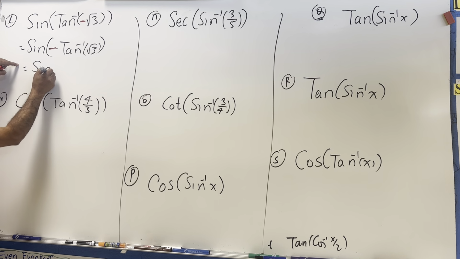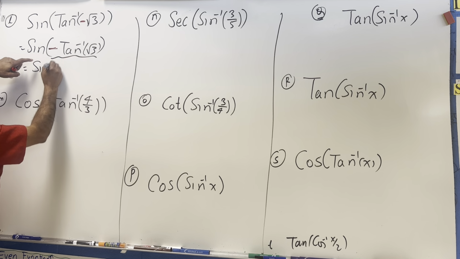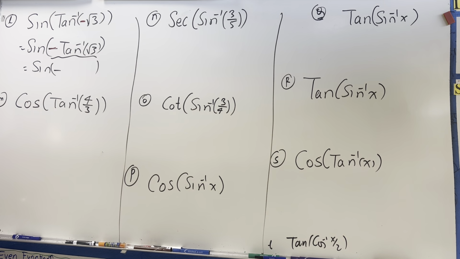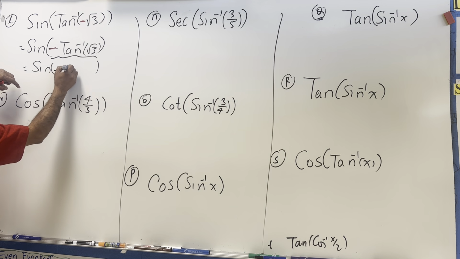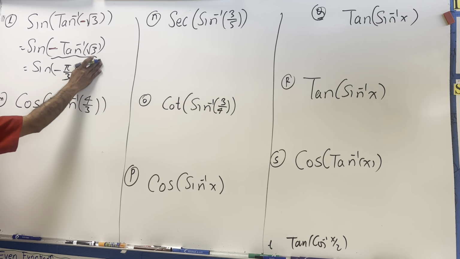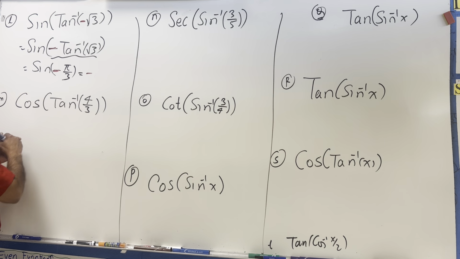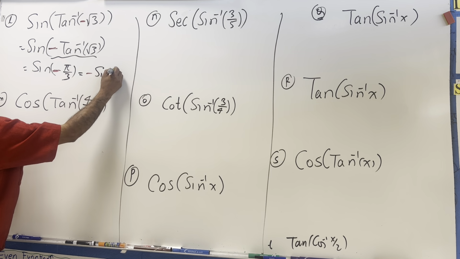And tan inverse of root 3 is pi by 3. So this will be 60 degrees, so 60 degrees, pi by 3. And then again, if there is a minus, you can write it outside.